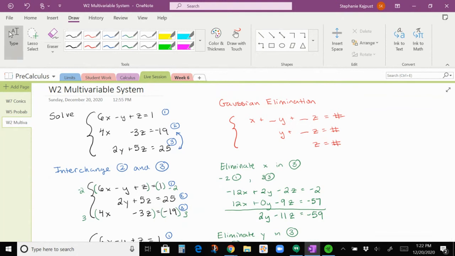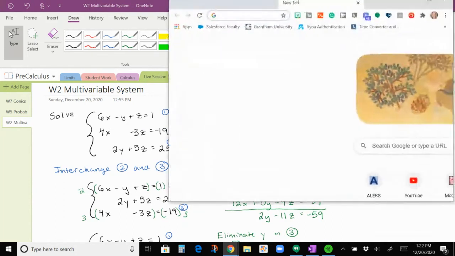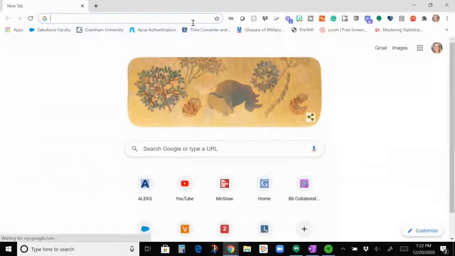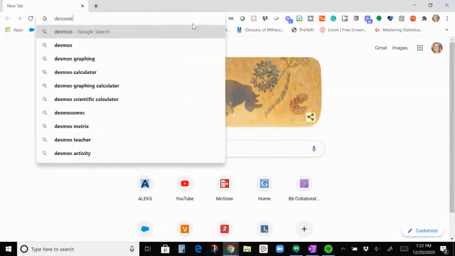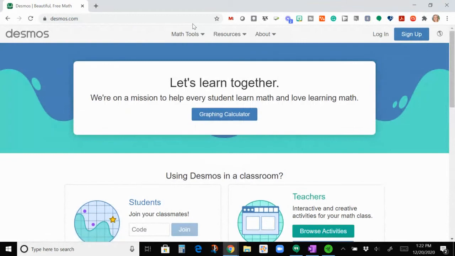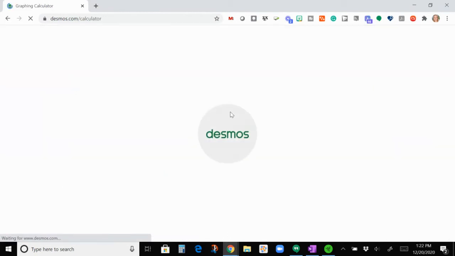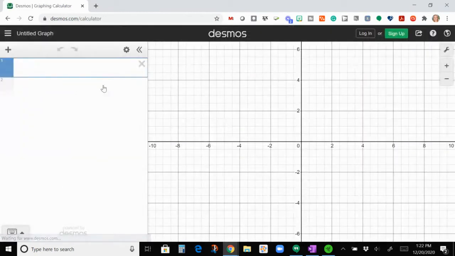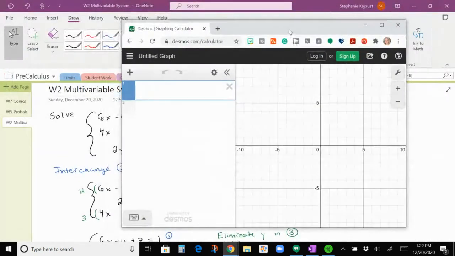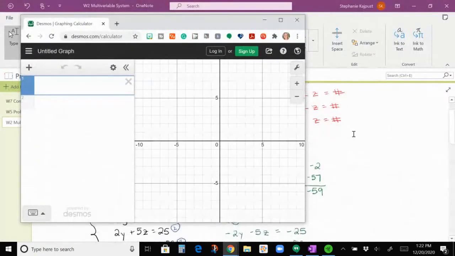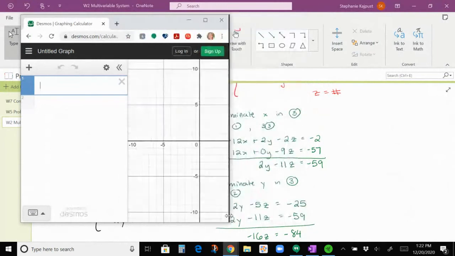So I'm going to pull Desmos over here so that you can see that even if the graphing part is useless, the other part of it can still be helpful. I want to plug in my x, y, and z.